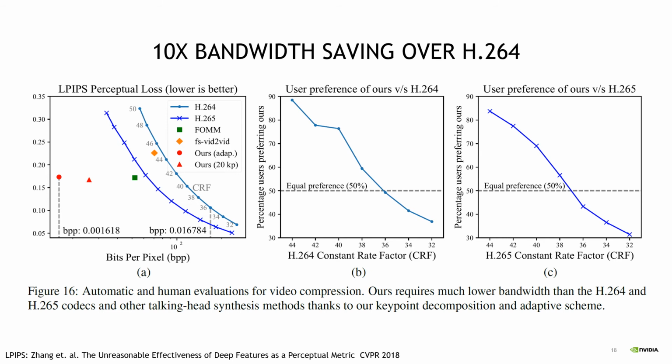The y-axis is the LPIPS score, a perceptual distance metric. So the lower the LPIPS, the better the performance. Ideally, we want some point in the bottom left corner: low bit rate and low perceptual distortion.